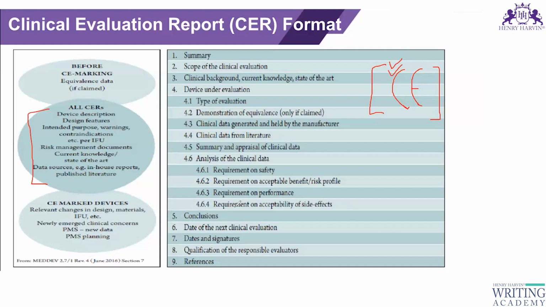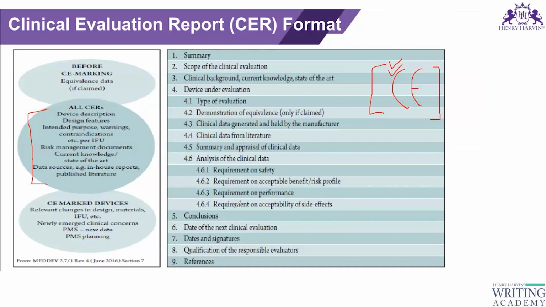Like in all the CER, information related to the device: what is the description of the device, what are the design features of the device, what is the intended purpose, meaning for what purpose or in what indication the device is being used, and any warnings or contraindications associated with the use of the device. That is also provided as per IFU. IFU is instructions for use.